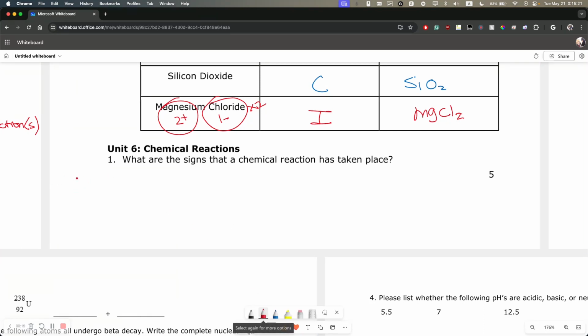Right, there's two different types of reactions. There's physical reactions and there's chemical reactions. If you have a physical reaction, it does not change the identity of the substances involved, while chemical reactions do. Some of the telltale signs are a color change that is unexpected.